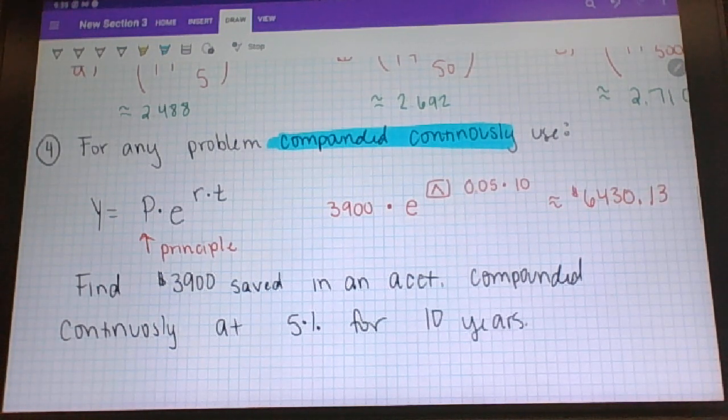So after 10 years, you have $6,430. So your money grew quite a bit. Now, not as much as the credit card grew in 10 years. If you remember your credit card amount, the 13.99% after 10 years was like, I can't remember. Can you?